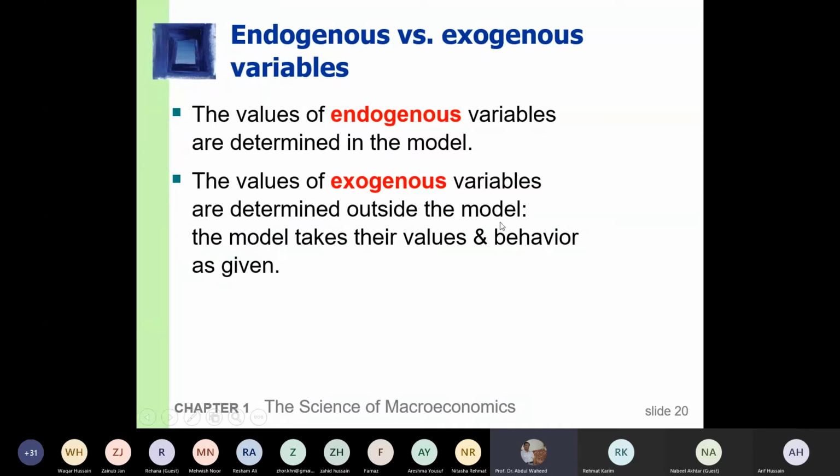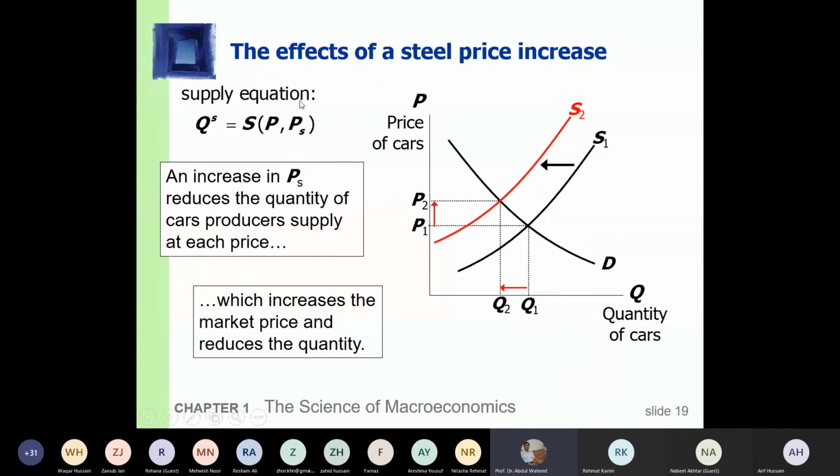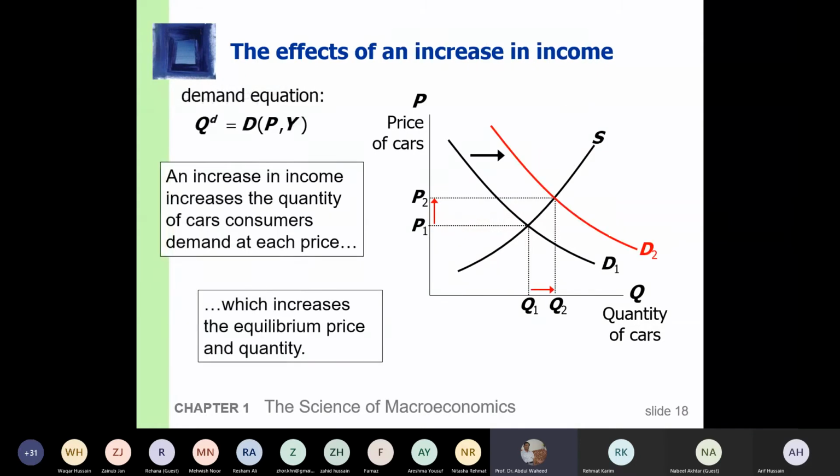Can you identify in our model which variables were exogenous? Whose values are not determined within the model, but outside the model? Which variable is exogenous?